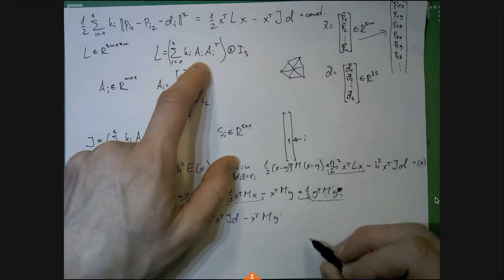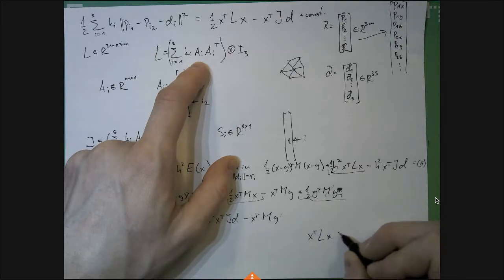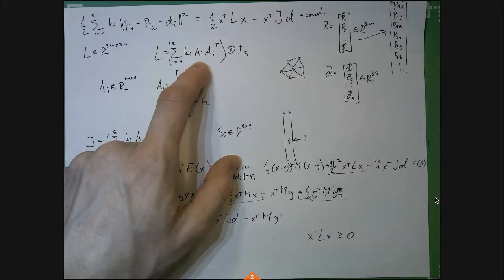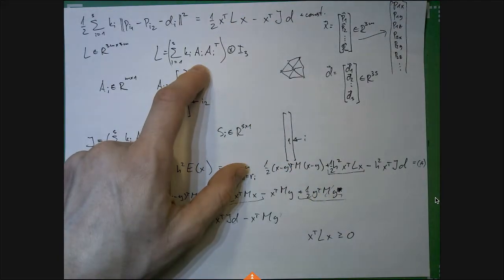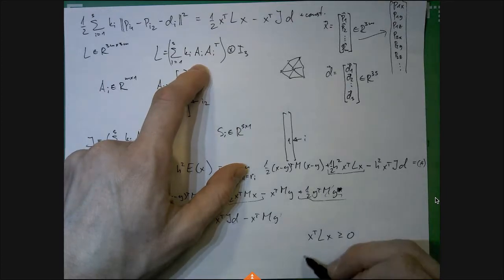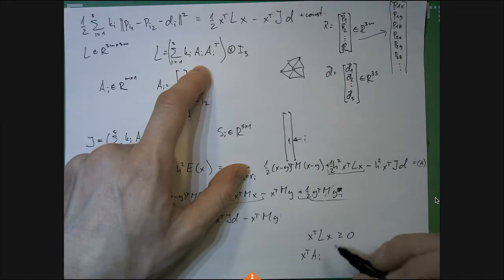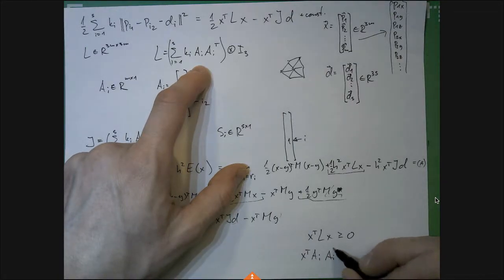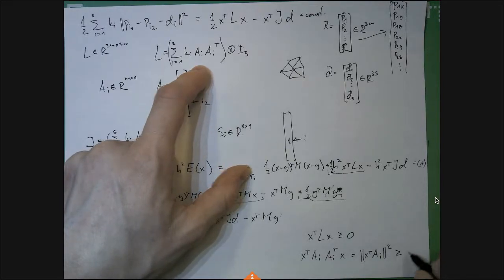The positive semi-definiteness is defined by x^T L x being greater or equal to 0 for all x's, right? And if I do this on the inner term, or does somebody want to say it? If I multiply it out, you ultimately get to these parts, A_i transpose x, but this is just the norm of x transpose A_i squared, which certainly is non-negative, right?